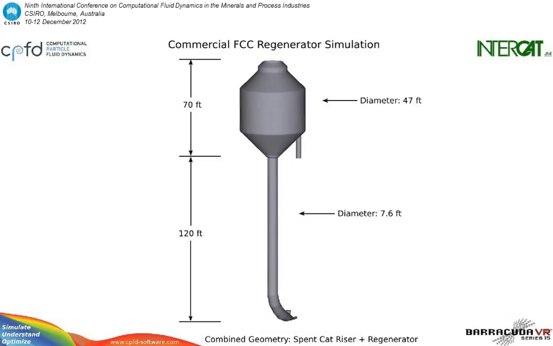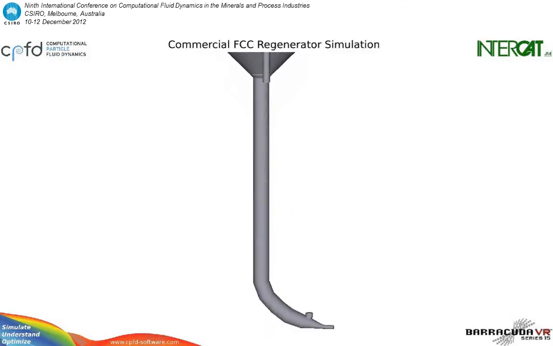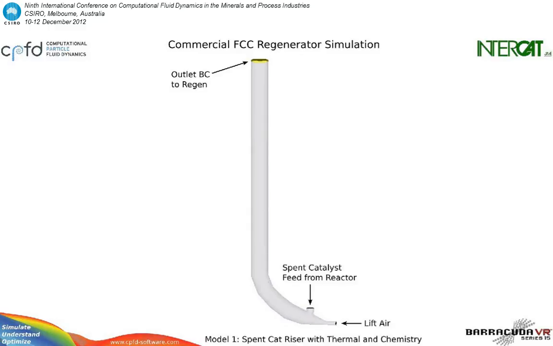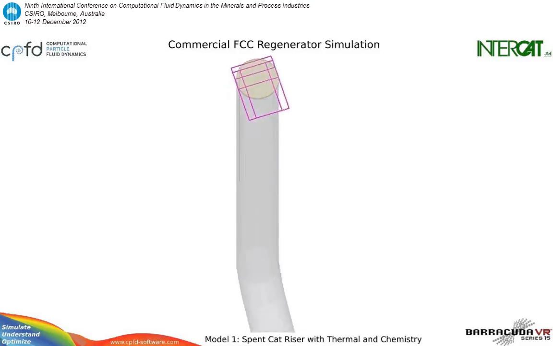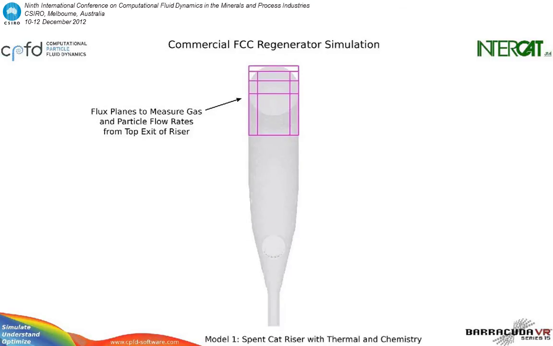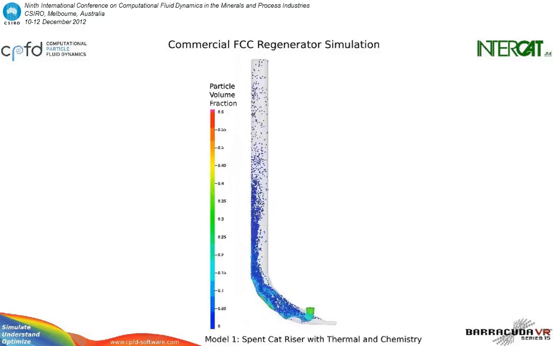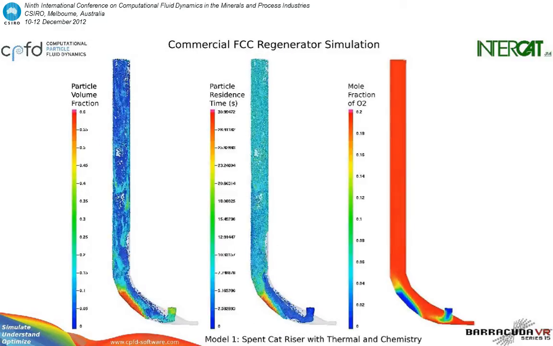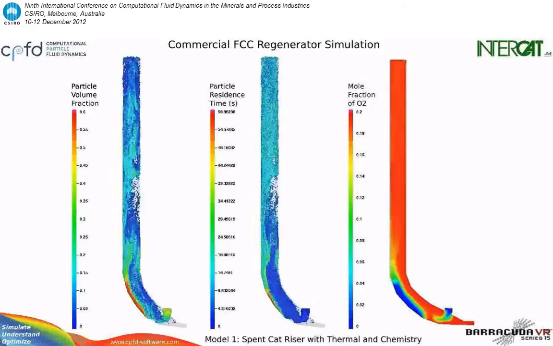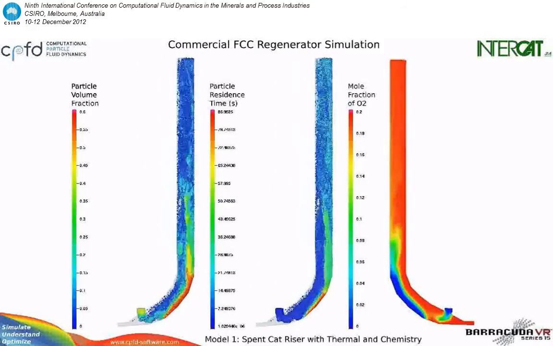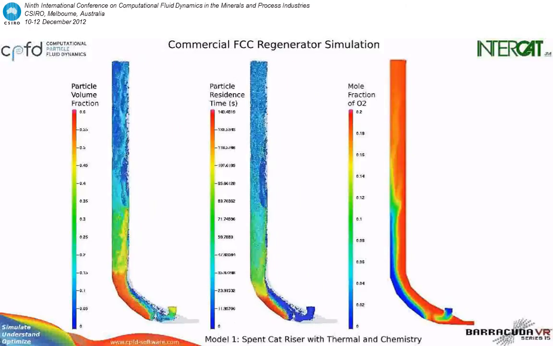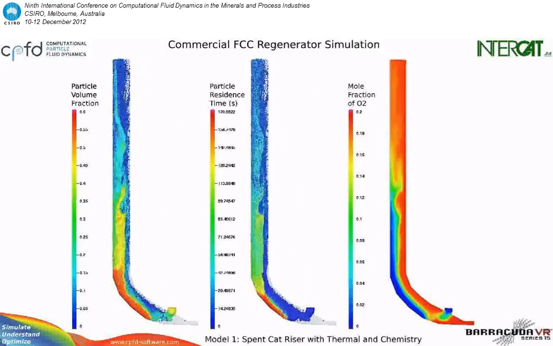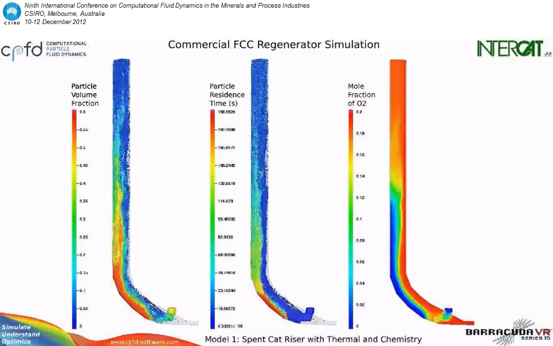This is the full CAD geometry for the FCC regenerator. We actually divided this simulation into 3 models. Model 1 was for the spent cat riser and included both the thermal and chemistry effects. You can see this nozzle at the bottom of the model on top of that bend, where the spent catalyst is coming down from the reactor.